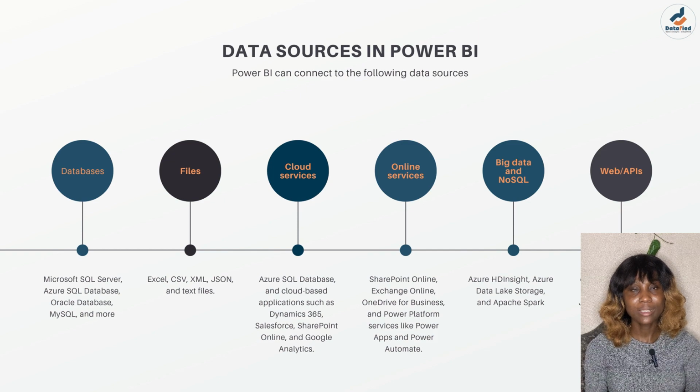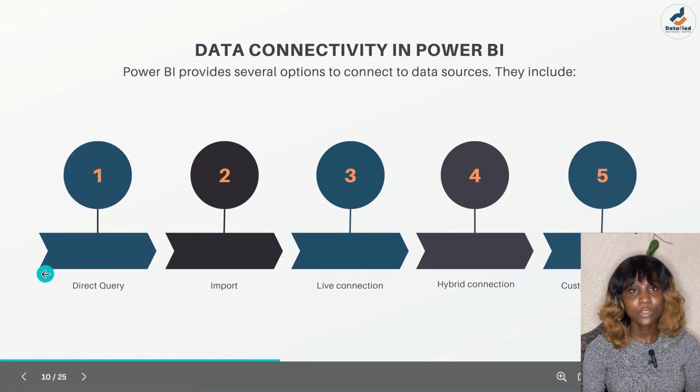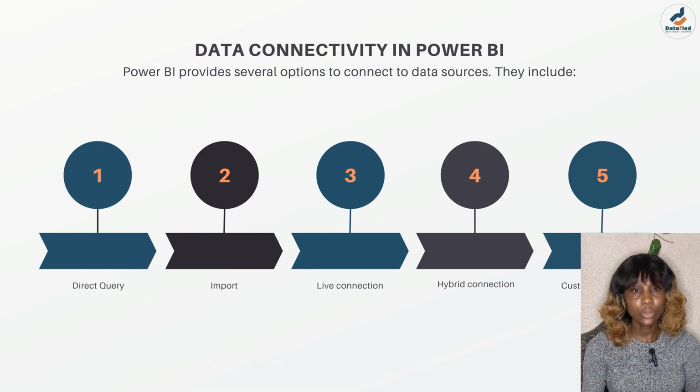Now we have explored different data sources Power BI can connect to. We're going to look into the different connectivity modes we have. Power BI provides several options to connect to data sources, and they include DirectQuery. DirectQuery enables users to connect directly to the data source and retrieve data directly from the data source.